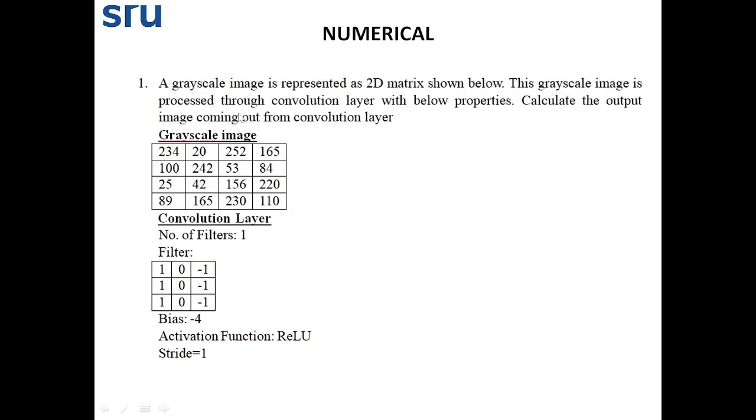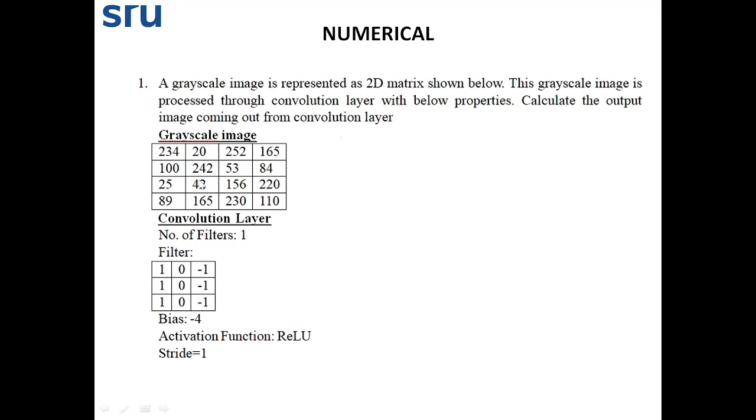Then here we have a grayscale image represented as a 2D matrix, shown below. This grayscale image is processed through convolution layers with the below properties. Calculate the output image coming from the convolution layer.